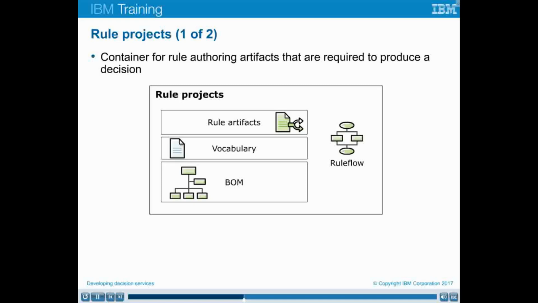You also collaborate with the business analysts on the rule flow that outlines the general sequence in which business logic must be evaluated within the rule set to produce the correct decision. The rule flow outline can be defined even before the rules are written. Within the rule project, you also define rule set parameters that are used to pass information from the calling application that will be used by the rules.